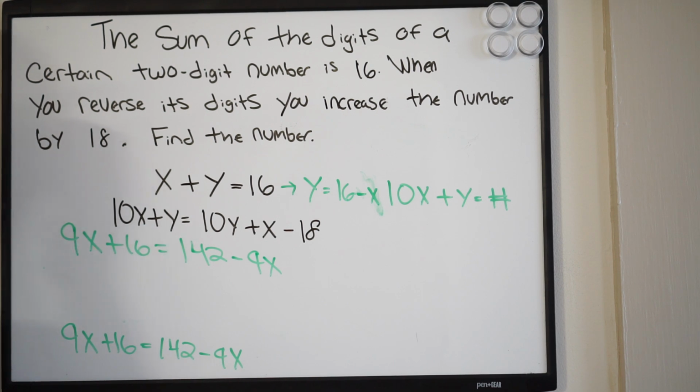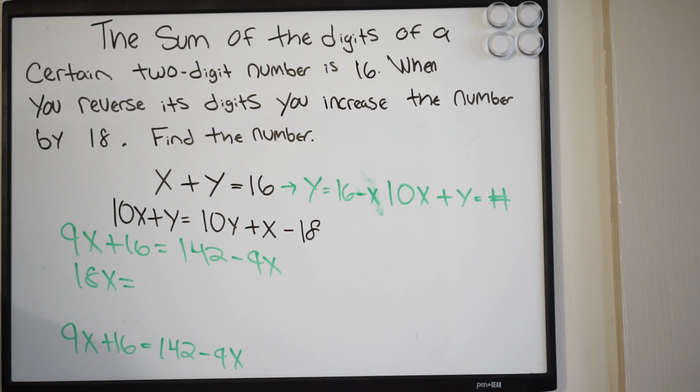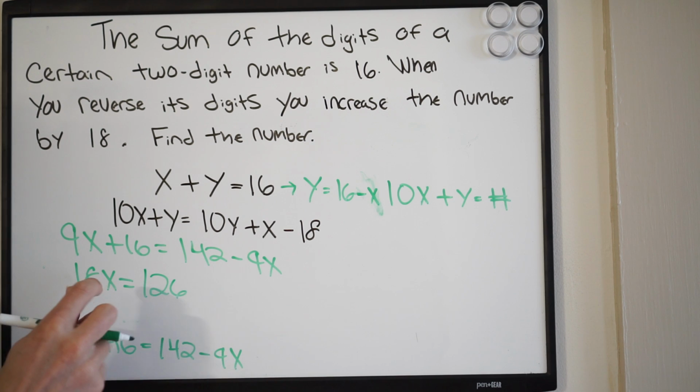I just rewrote it. Let's add this 9x over and subtract this 16. So we will have 18x equal to 142 minus 16, which becomes 126. And then we simply divide by 18, so 126 divided by 18.